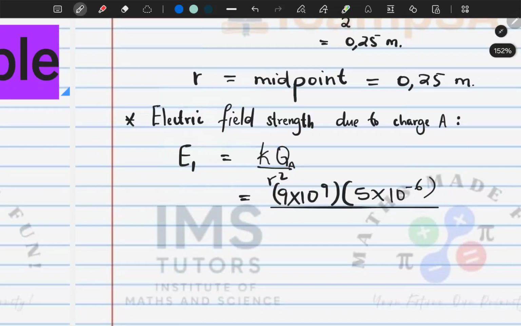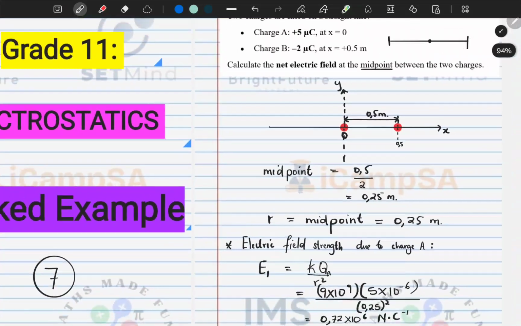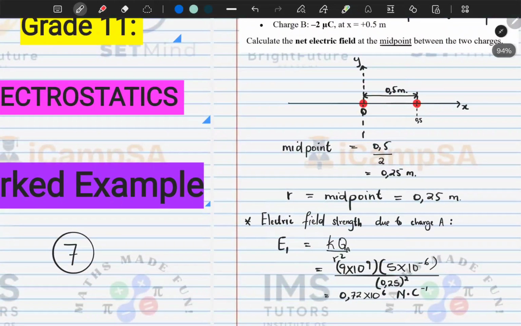And our R is 0.25, all this squared. So I get 0.72 times 10 to the power 6 newtons per coulomb.